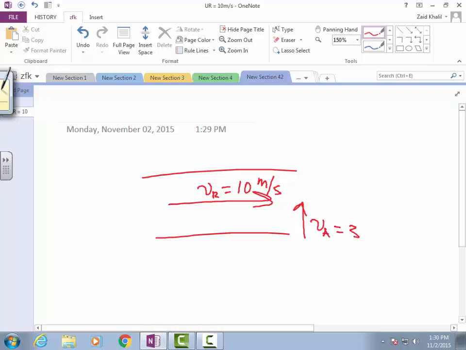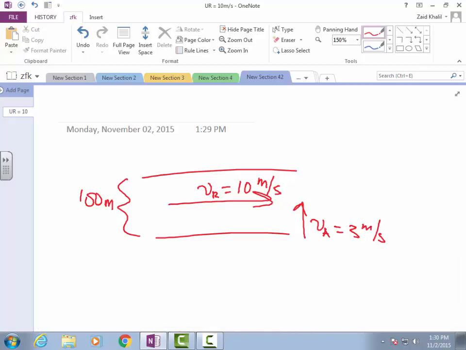VA equals 3 meters per second. And let's suppose the river is 100 meters wide. And the question is how far from your starting point will you end up if you end up rowing just directly across? So what would you do? You'd find your resultant velocity.